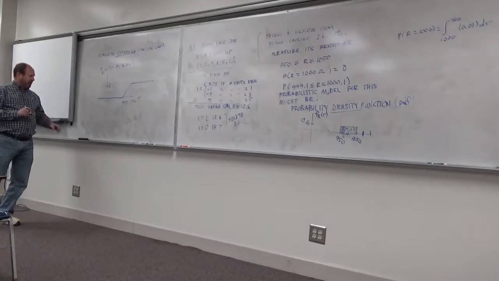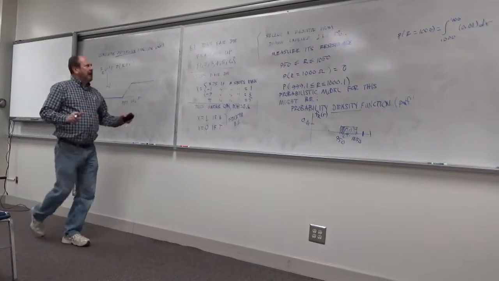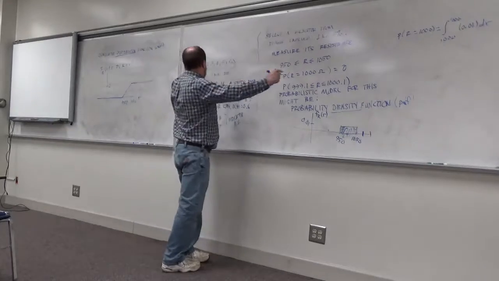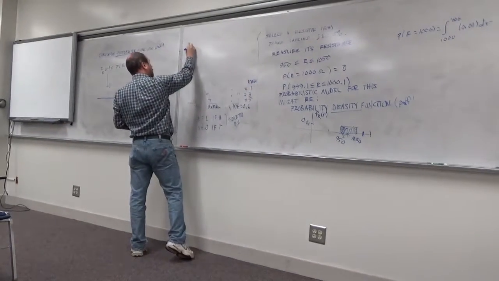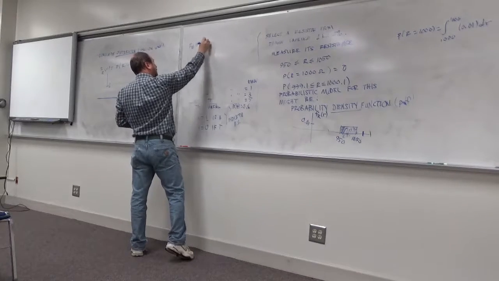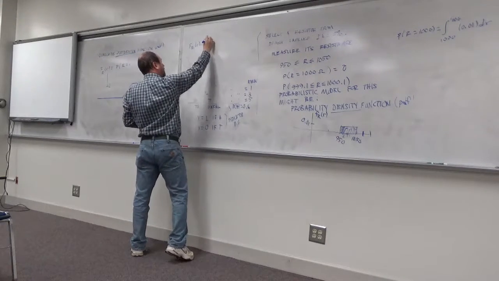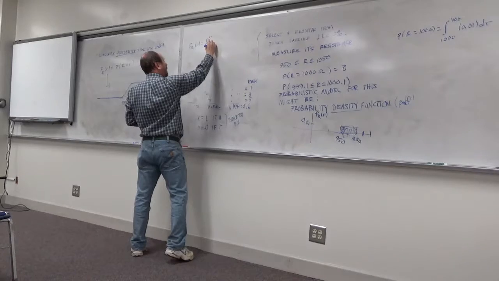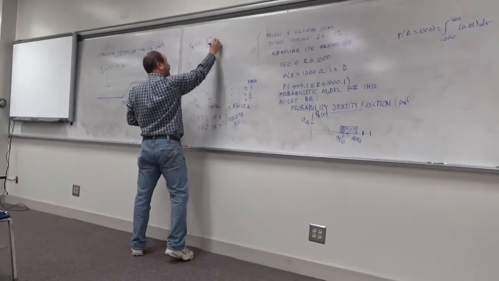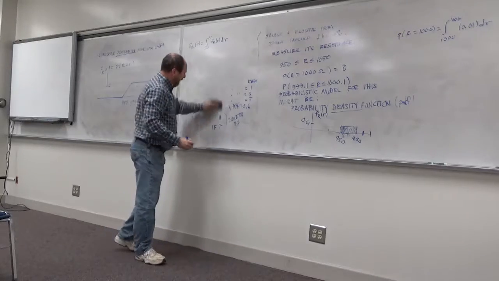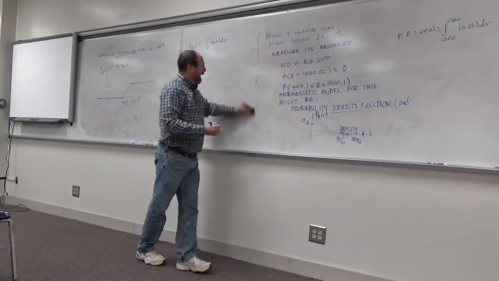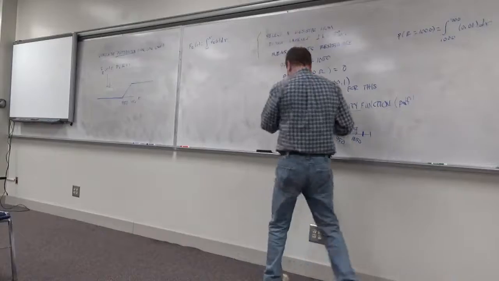Well, wait a minute, how are we going to get that? Tell me if this would describe what we just did mathematically. Capital F sub r of r equals the integral from negative infinity up to r of little f sub r of r dr. What was I asking you to do? I was asking you, what's the probability over there?